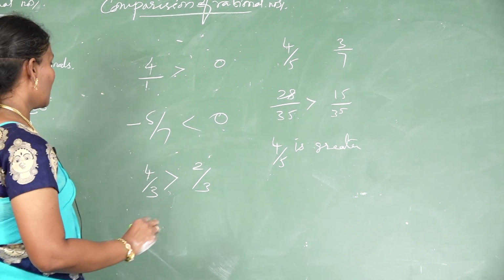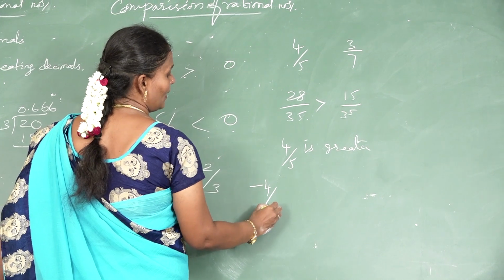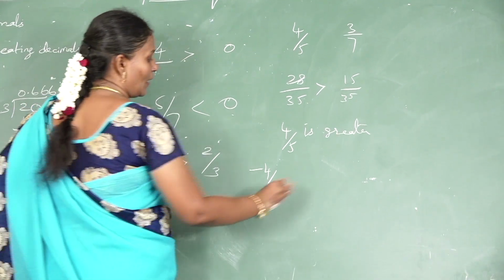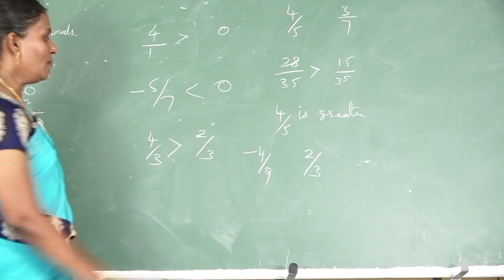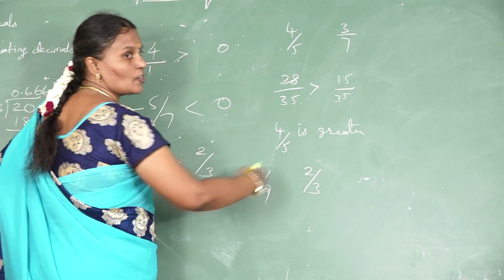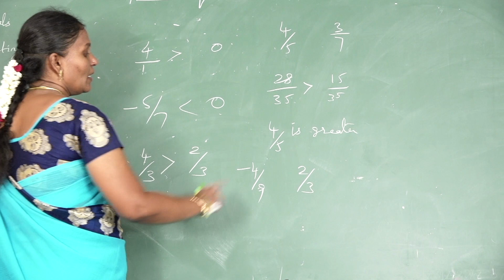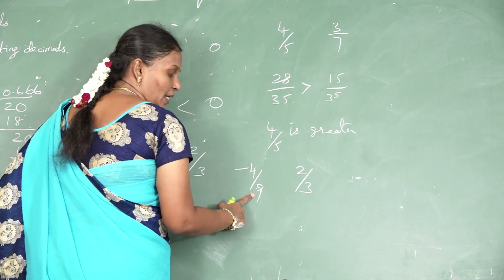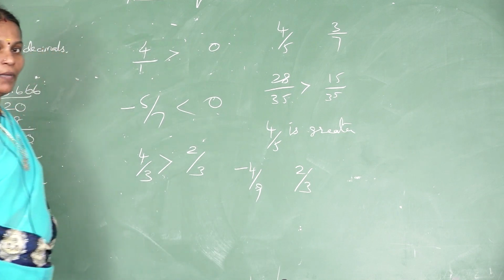Okay. Suppose, see one more example. Minus 4 by 9 and 2 by 3. See these two numbers. Here the first one is a negative rational number. This is a positive rational number. So you already know the negative rational number is always less than the positive rational number.